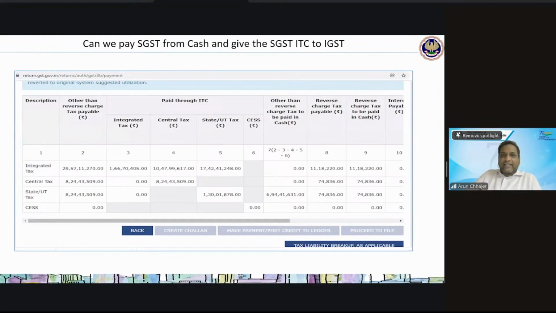Only for your understanding, in this example, I'm not sure whether it is correct or not, but I have arranged one screenshot from students only. Somebody has given this, or a professional has given. What I like to highlight in this example is that the SGST liability was some 8 crore.